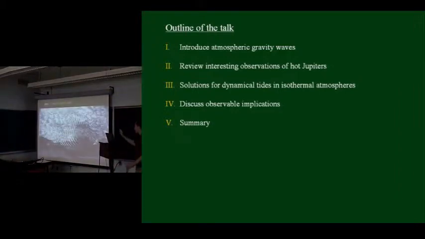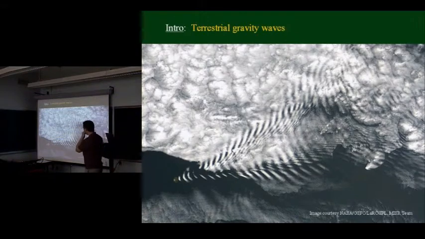So here's a similar image. Again, same dimensions, about 200 kilometers by 400 kilometers, taken over the Indian Ocean, the cloud deck resting about 2 kilometers up. And this time, what you see is a wave propagating away from this island.